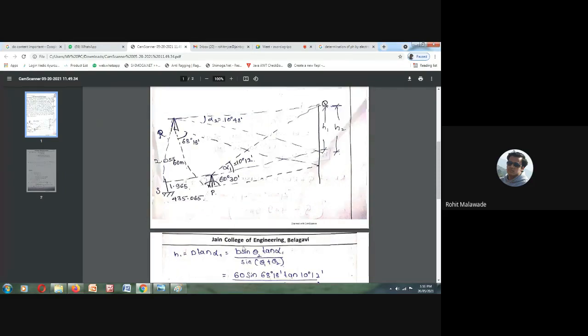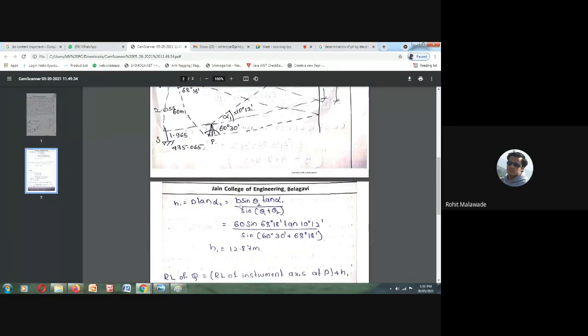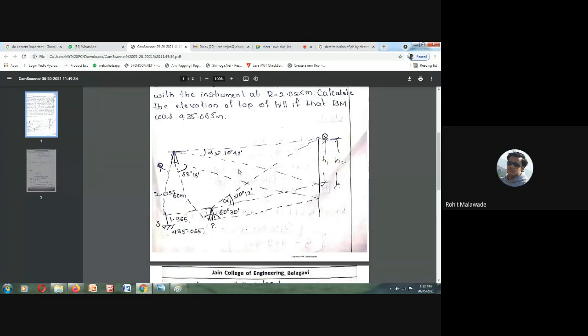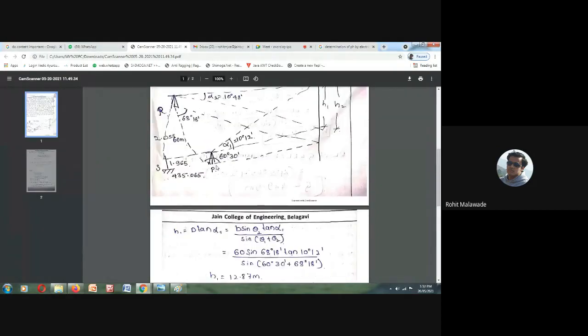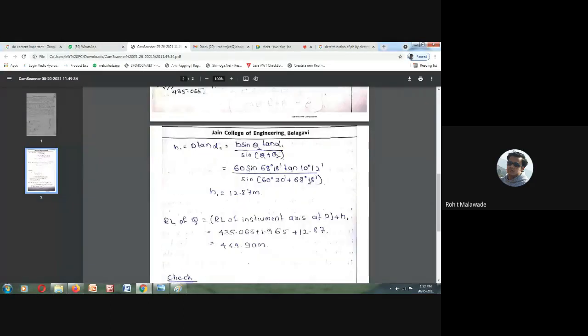B is the distance they have already given. So that is 60 sine 68 degrees 18 minutes, tan 10 degrees 12 minutes, divided by sine of theta 1, 60 degrees 30 minutes, plus theta 2, 68 degrees 18 minutes.